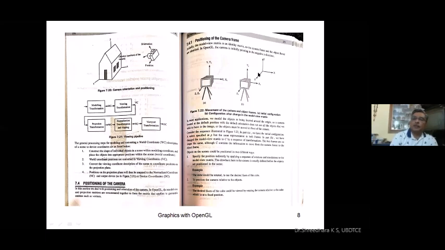If you want to do that, first you have to translate, then rotate by an angle theta of 90 degrees about the axis, then you can observe this. So the translation and rotation matrices that you have learned, everything will come into the picture here.